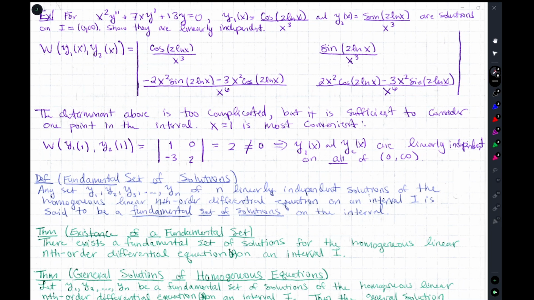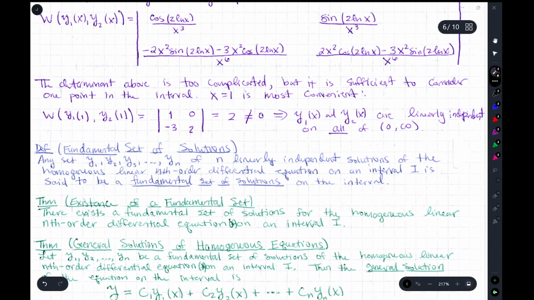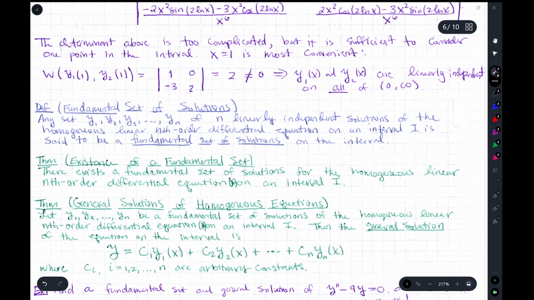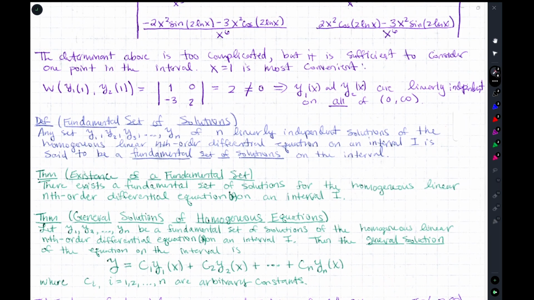And why these are important is because they're like the building blocks for all solutions to the homogeneous nth order linear differential equation, as we could see in this theorem right here, which is a major theorem. Okay, and it's like the culmination of all that work that we've been doing. So this is what we were striving for.